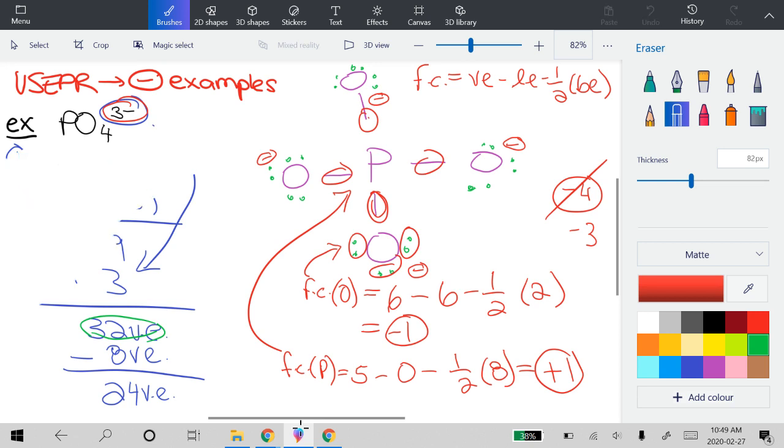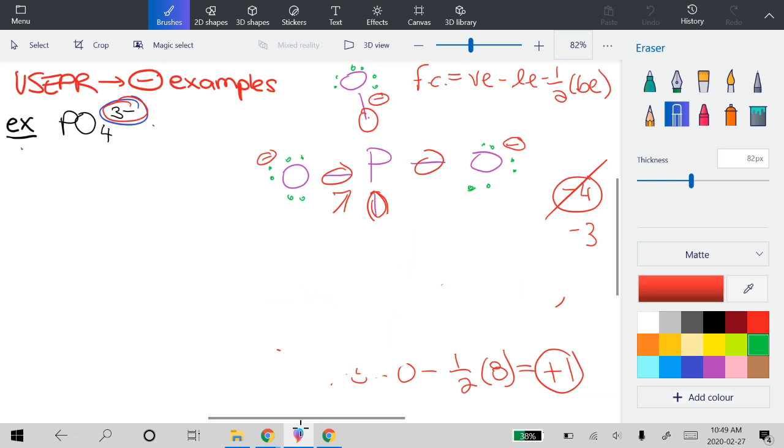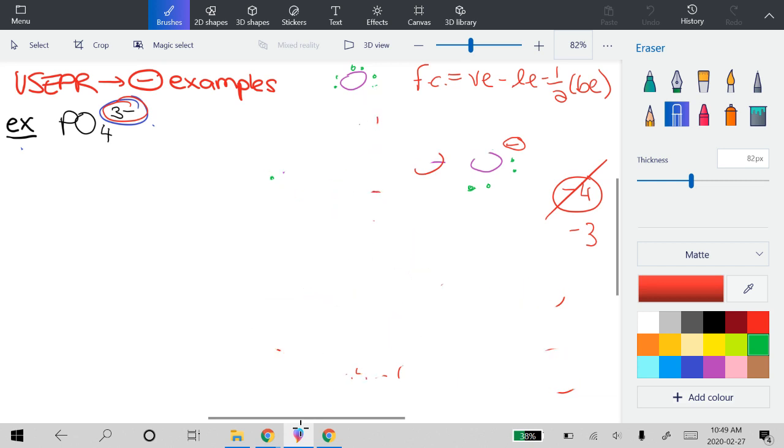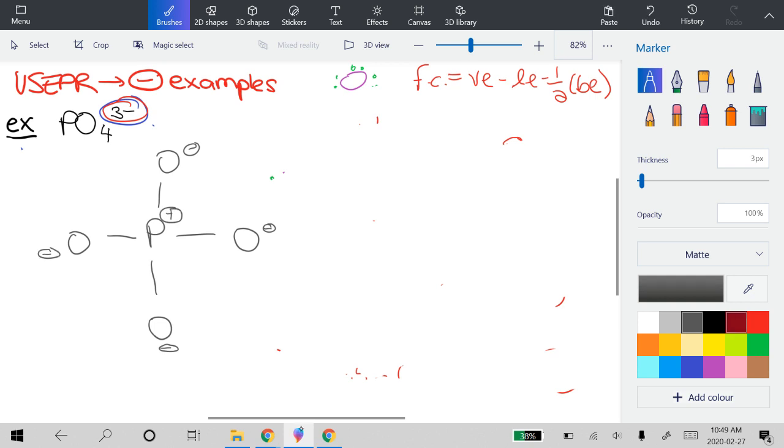I'll just redraw everything. Right now we look like this: phosphorus in the middle, oxygen, oxygen, oxygen, oxygen, with negative charges on each oxygen and a plus on the phosphorus.